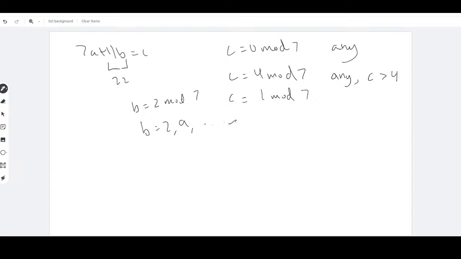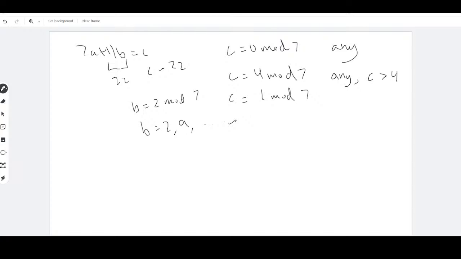But does every C that is greater than or equal to 22 always give us a solution? Well, actually, yes, because whatever C is, we can just have B be exactly 2. And then we would have C minus 22. If C is greater than or equal to 22, then C minus 22 would be non-negative.